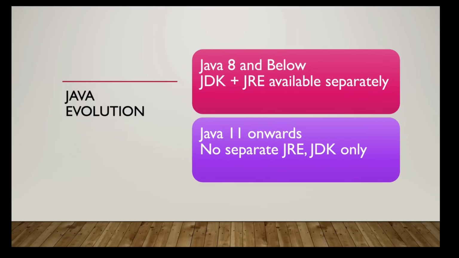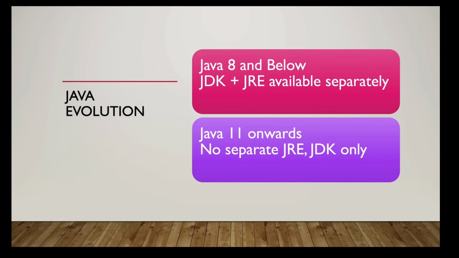With Java's evolution, there were many changes. If you have worked on Java versions, you must be aware that till Java 8 or before, we used to get the JDK and JRE separately. We could download JDK separately, JRE separately, and then run our Java program. But from Java 11 onwards, there is no separate JRE.